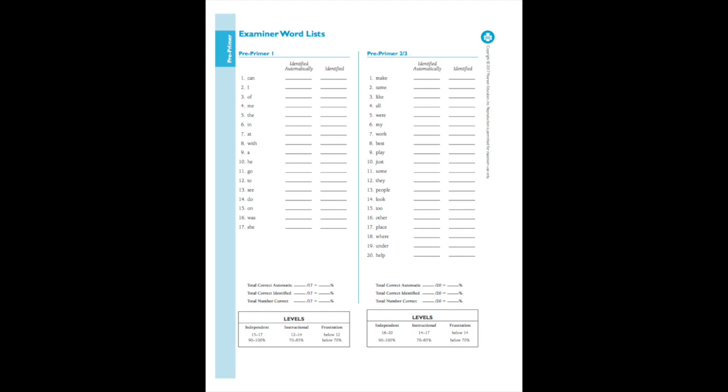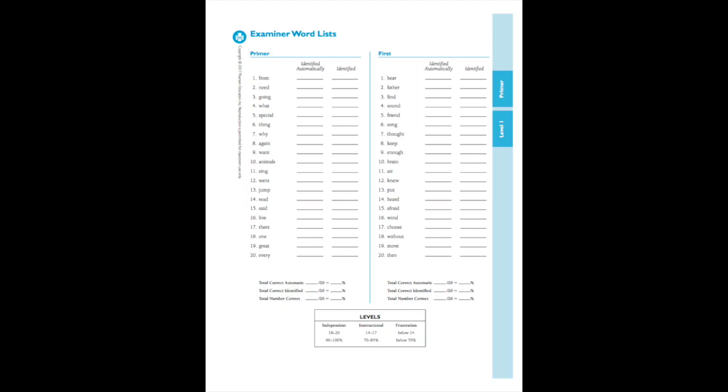You would also write down any mispronunciations using the phonetic spelling, and you would complete the equation at the bottom for total correct automatic, total correct identified, and total number correct. This is required for every word list submission, even if the student scores on the frustration level.